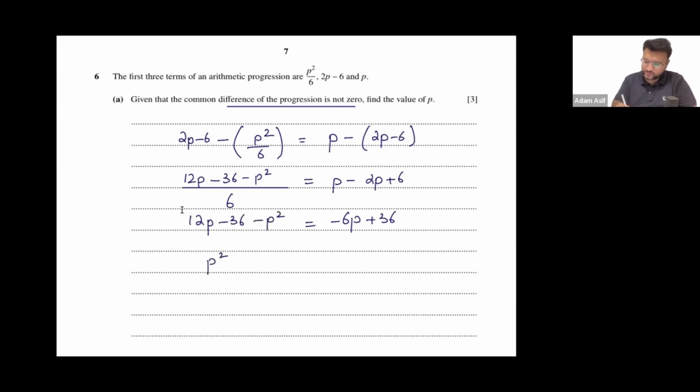So p squared minus 24p, sorry, minus 18p plus 36 plus 36, that's going to be plus 72. So we have an equation in terms of p. We're going to solve for the value of p. So after solving this, what value of p do we get?